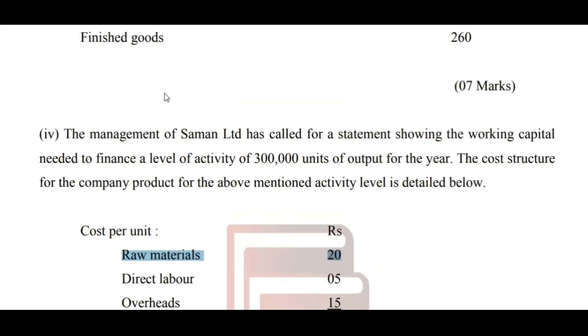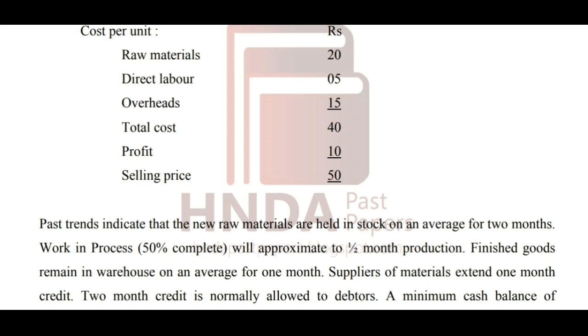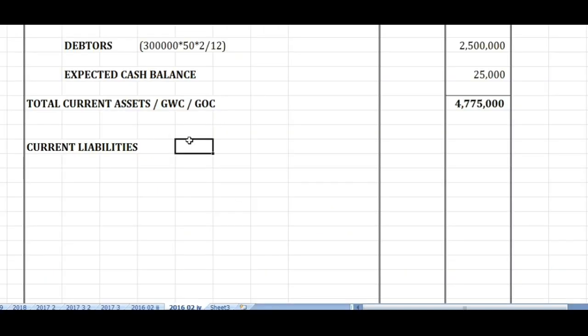And the raw material is 20 rupees per unit. Level of activity is 300,000 units. Therefore, we can calculate the creditors value: 300,000 activity level into 20 rupees raw material value per unit into 1 month credit period. 500,000 is creditors value.